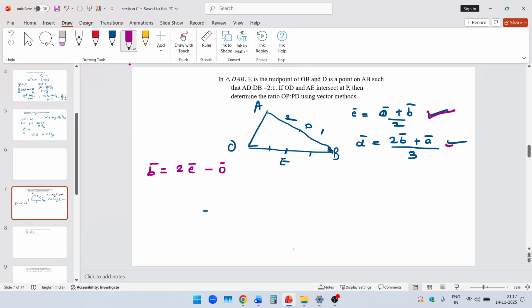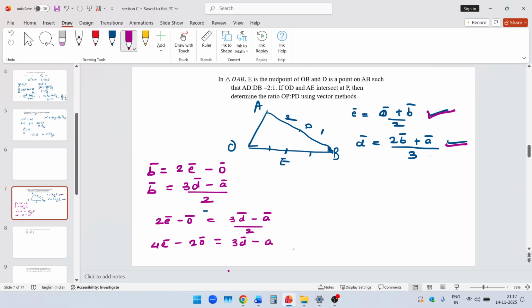And for the second formula, B bar should be equal to (3 times D bar minus A bar) divided by 2. All right. Now comparing these two formulas, what I get is 2 times E bar minus O bar is equal to (3 times D bar minus A bar) divided by 2. Take 2 to the other side and you get 4 E bar minus 2 O bar is equal to 3 D bar minus A bar.